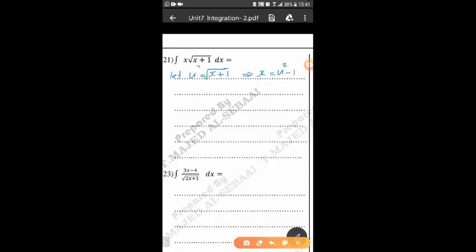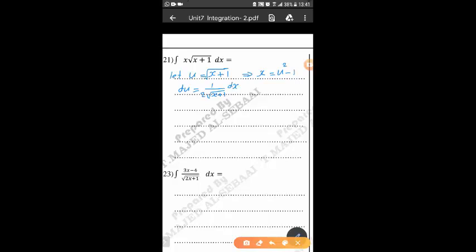So this will be squared and this will be squared. This will go with this, right? You understand? du equals, what is the differentiation of root? It is 1/2 by the root itself, right? dx.